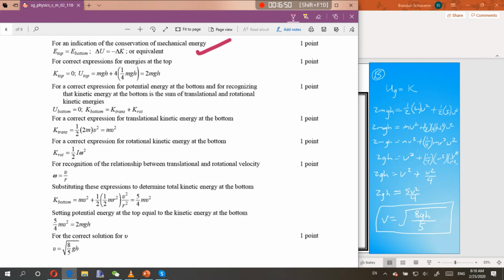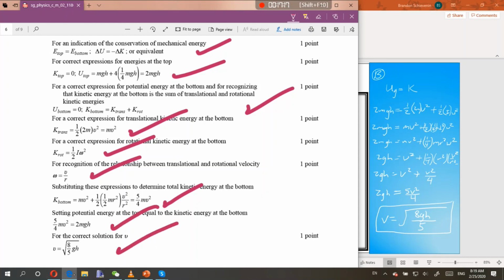So it doesn't matter. Correct expression for potential energy at the bottom. Recognizing kinetic energy is the sum of translational and rotational energies. We did use conservation of energy. Correct translational, correct rotational. Recognition that omega is v over R. Substituting potential energy, correct solution. Okay, cool.